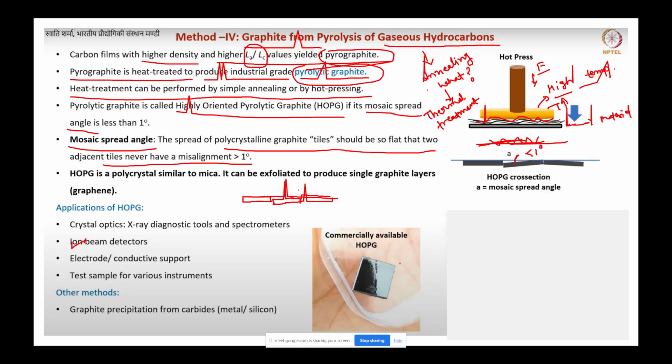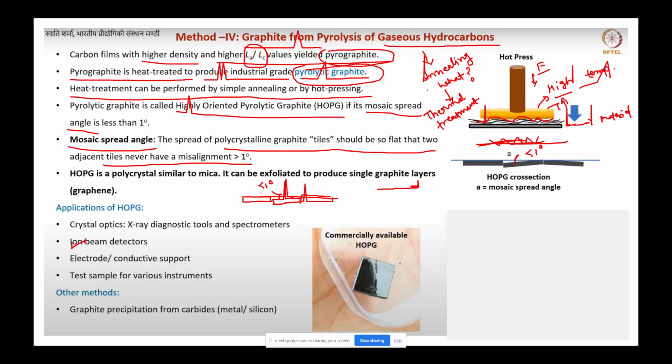The angle which will come between these two should be less than 1 degree. That's why this angle is called the mosaic spread angle, and the alignment should be such that the misalignment is less than 1 degree. And HOPG is polycrystalline, similar to mica. It can be exfoliated to produce single graphite layers.